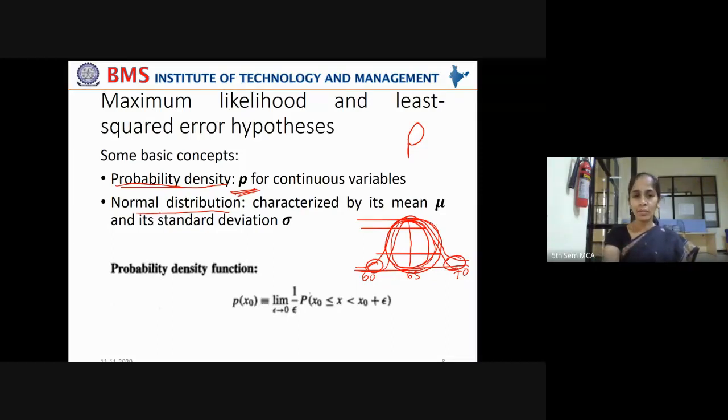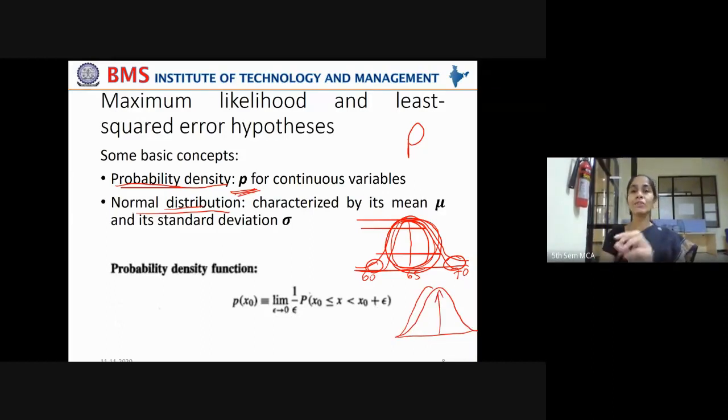Okay. Now what is normal distribution? Normal distribution is also represented as a bell curve, but here it is the frequency of the data points, not the probability of the data points. Again I give the same example. In a class, very few students will have very low weight or very high weight, but most of the students will have average weight, right?